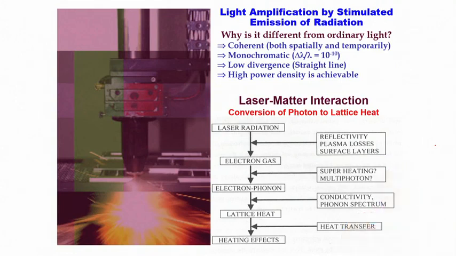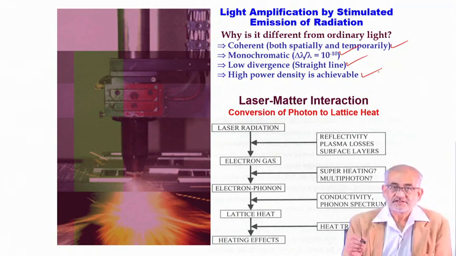So as I said, there are four things which are important: the coherence, the monochromaticity, low divergence, and high power density. So all these four characteristics together make laser a most suitable source of heating for various kinds of materials processing.